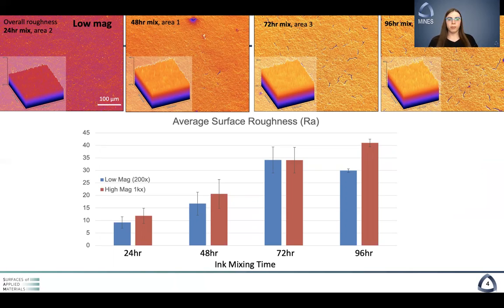However, we weren't 100% sure how much of this roughness increase was true roughness, because even visually, it's really clear that the 96 and 72-hour samples have significantly more cracks in them than the lower mixing time samples.